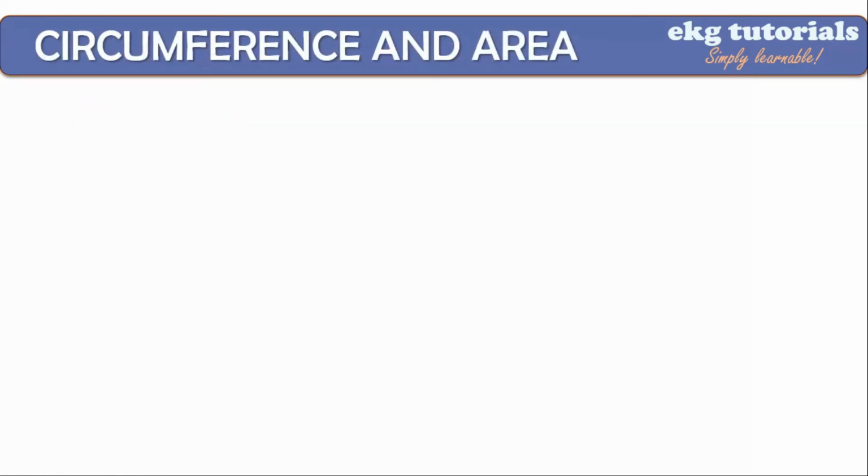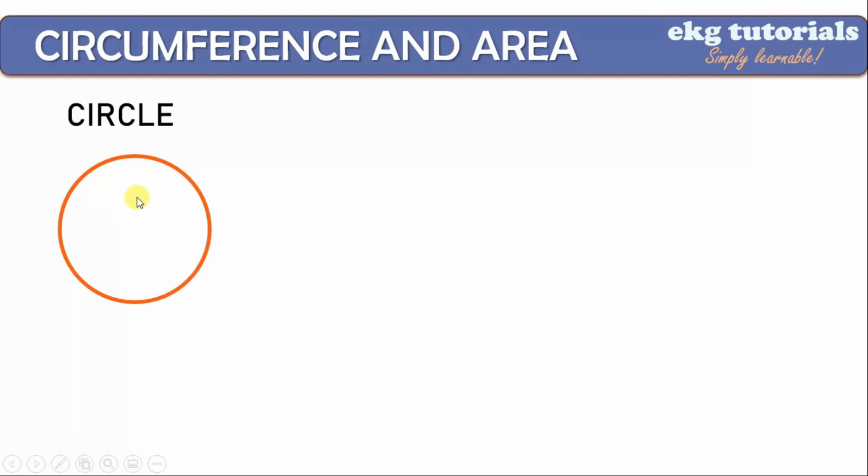Now, what about circumference? Circumference ng circle. Before we go to the formulas, let's understand first that a circle has a center. From a point on the circle to another point on the circle, passing through the center, we call this the diameter of our circle.